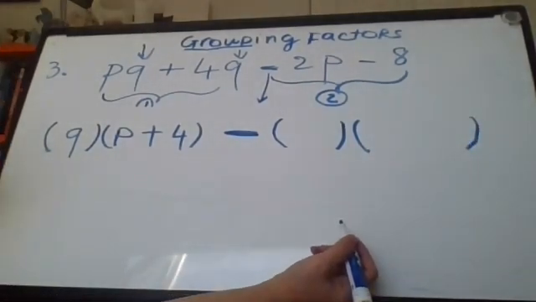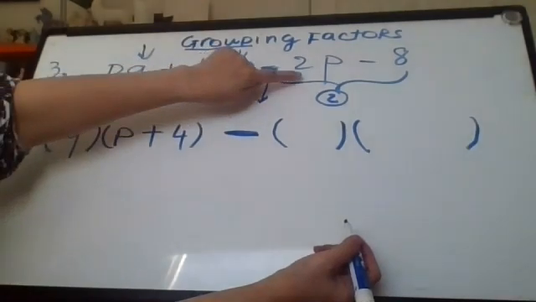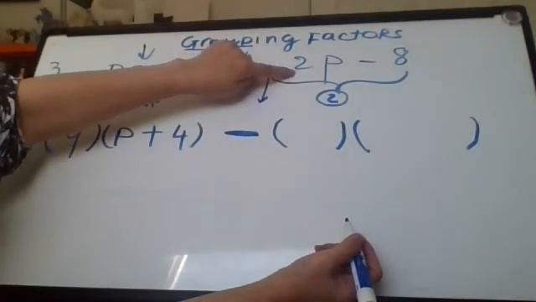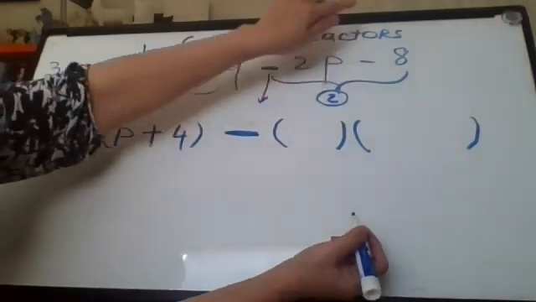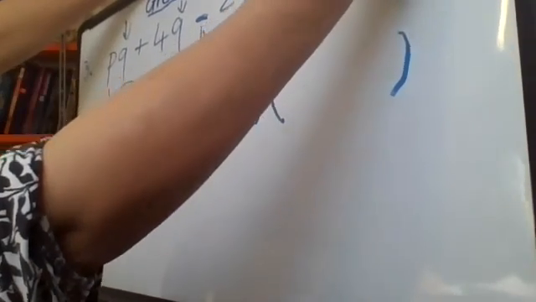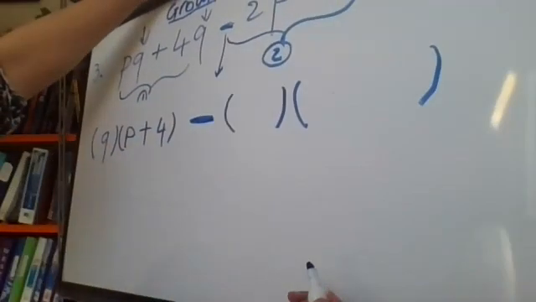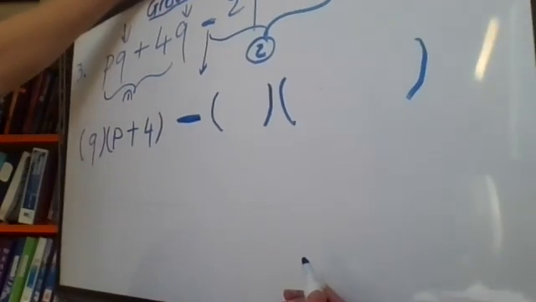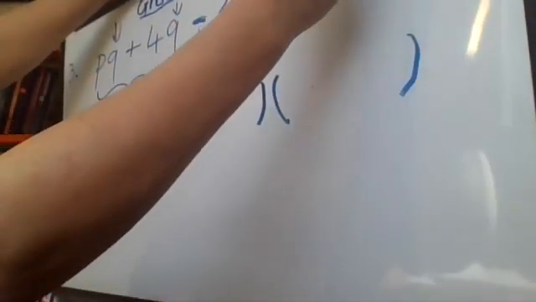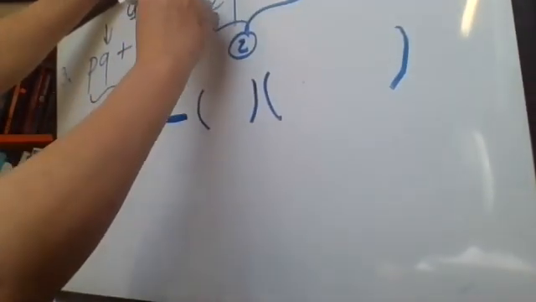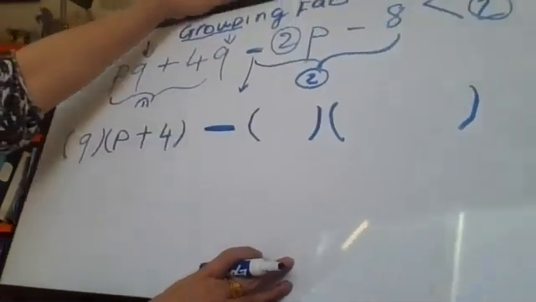Now, what's the common number and common letter in here? For the number, the greatest common factor has to be 2. This is 2 times 1. This is 4 times 2, right? 8 means 4 times 2. I can break it down like that. And the 8 here has a common 2 with this 2, right?